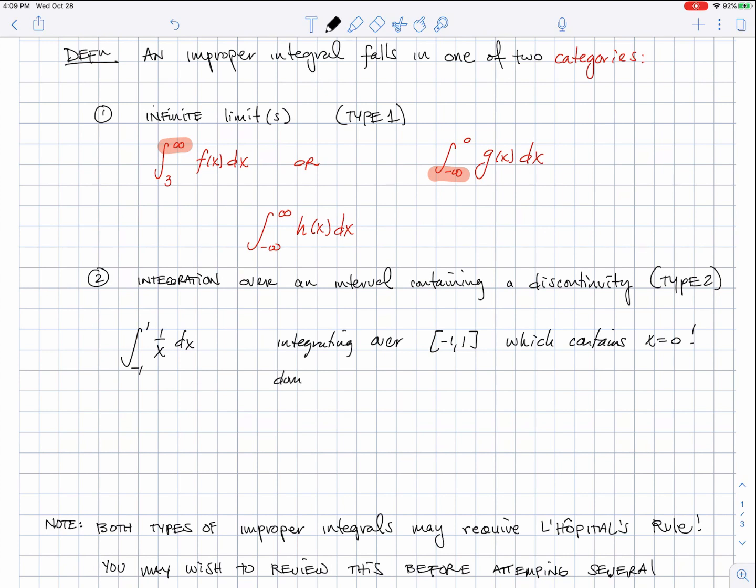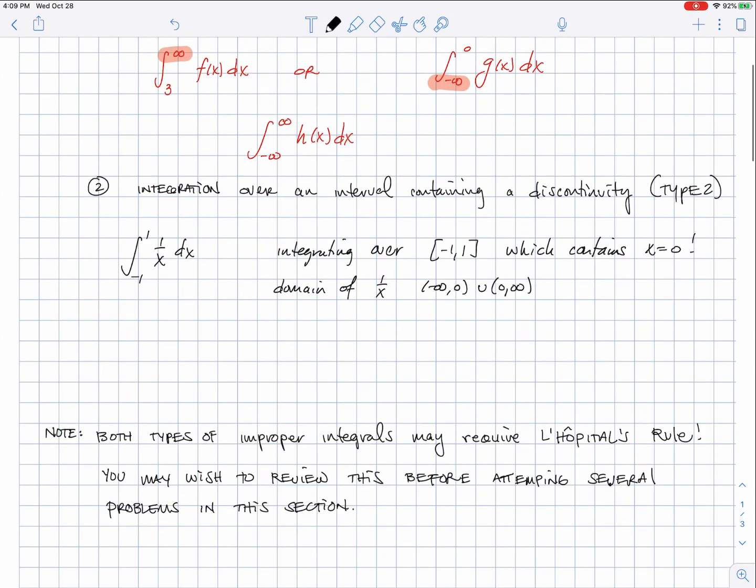Or more importantly, the relevant domain of 1 over x is negative infinity up to 0, union 0 to infinity. And so when we take the intersection of those, we should be integrating from negative 1 to 0, union 0 to 1.